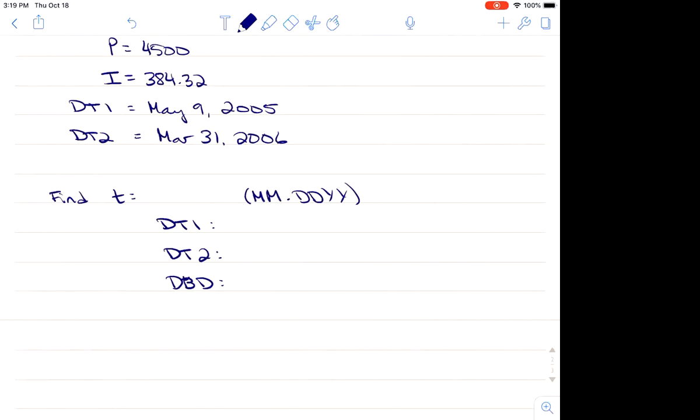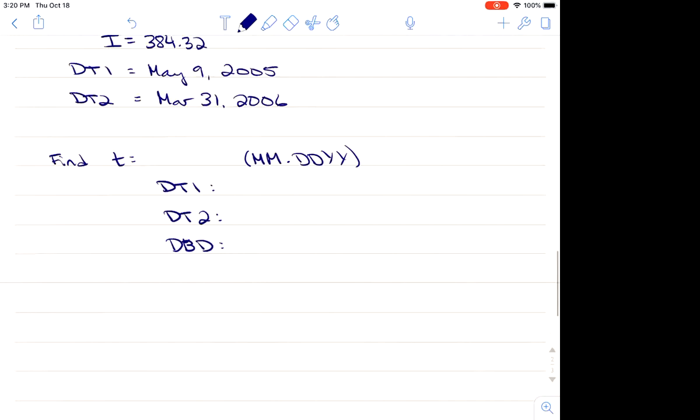We did a lot of practice last day figuring out days between dates. To indicate that I'm computing days between dates, I'm going to put a star here. That's how you're going to show that that's the one I'm calculating.